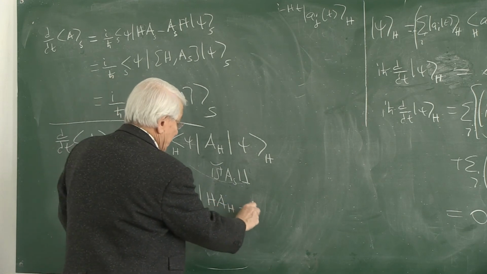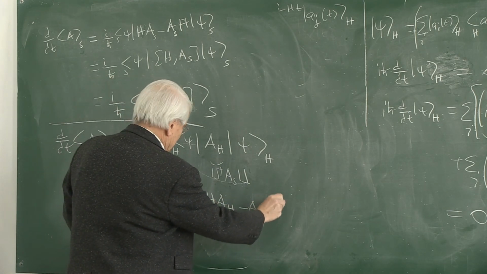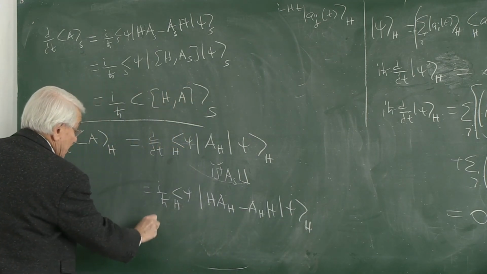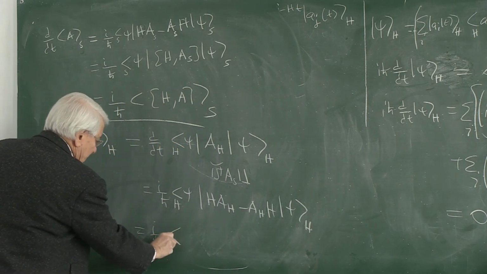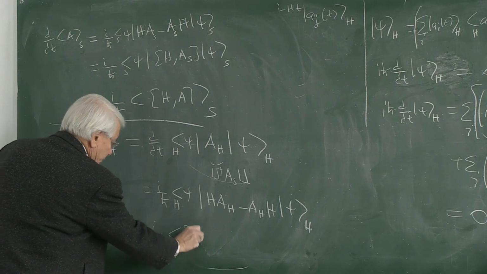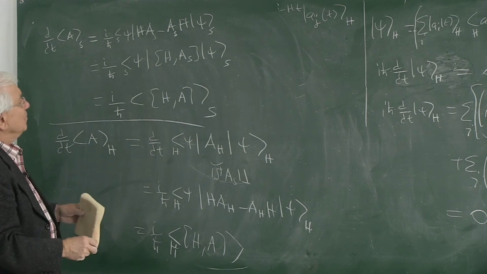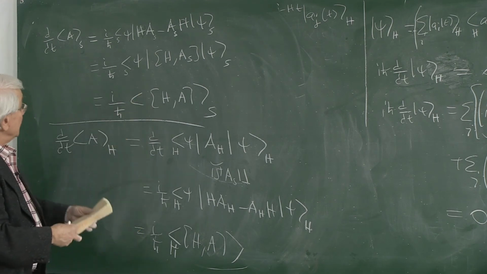So minus A H, H, psi H. Again, this is i over h bar in the Heisenberg picture of the commutator of H with A. Compare these two equations.